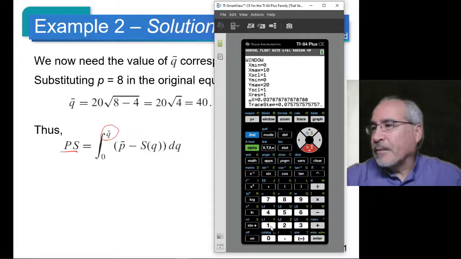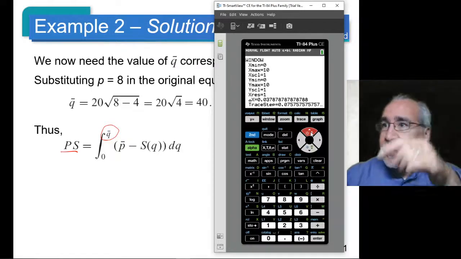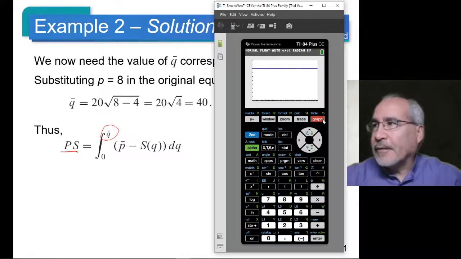So for price, we want maybe 0 to 10. Our x value is actually what the demand is going to be, and we're just kind of guessing as you plug in. Well, we know it needs to be at least 40, so let's go to 100 so that we can see the whole graph.